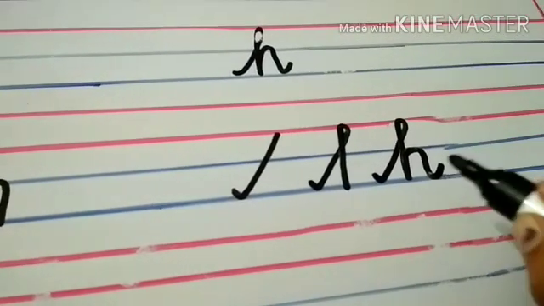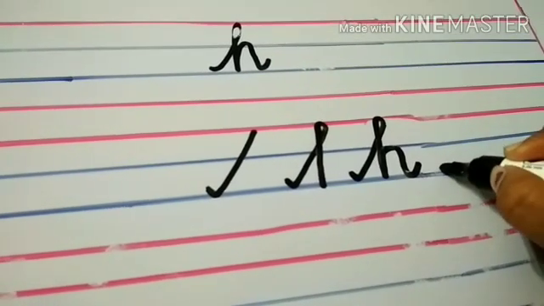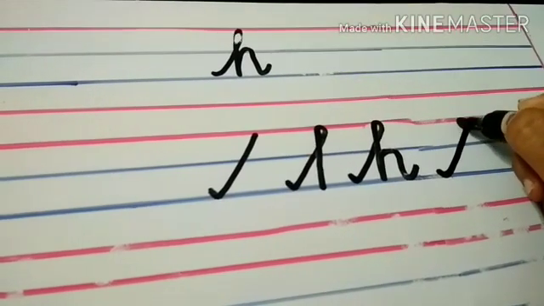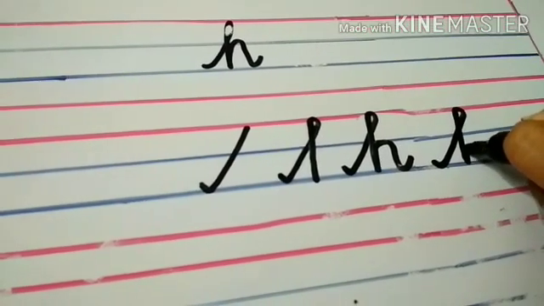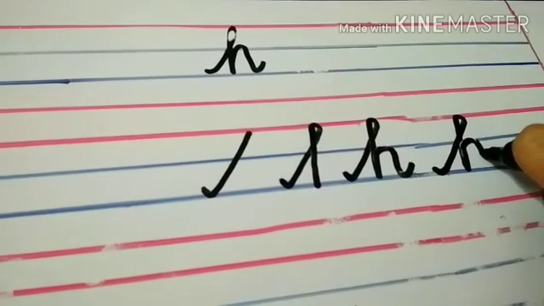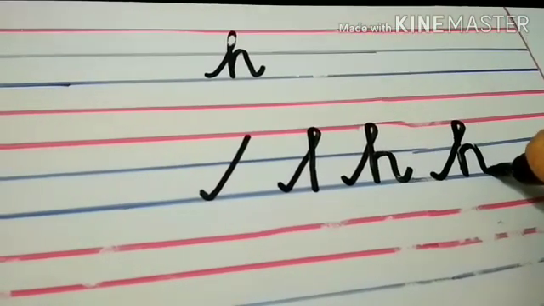This is small h. Again see, keep your pencil on third line, then go up to the first line, then make a loop, then come down till the third line, then go up to the middle and then make a upside curve, then come down till the third line and take it out slight curve.